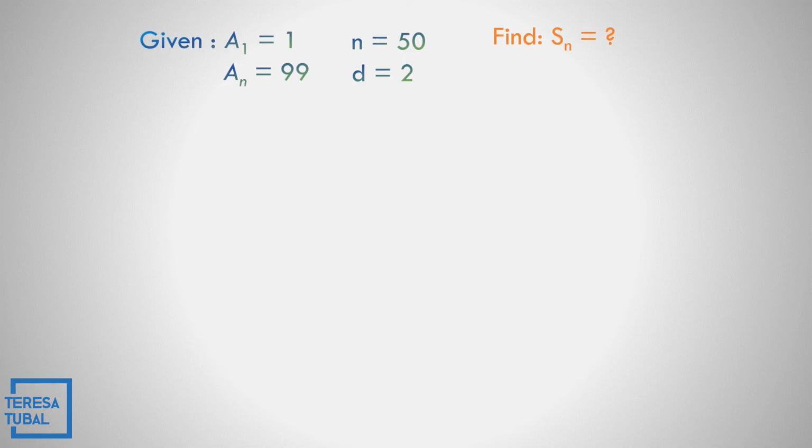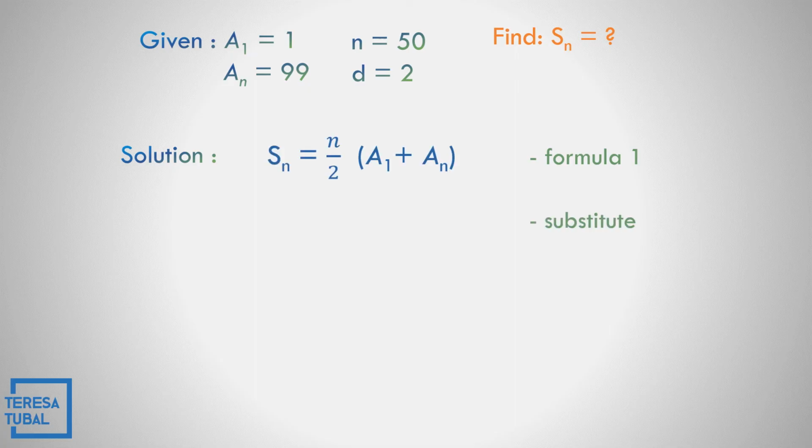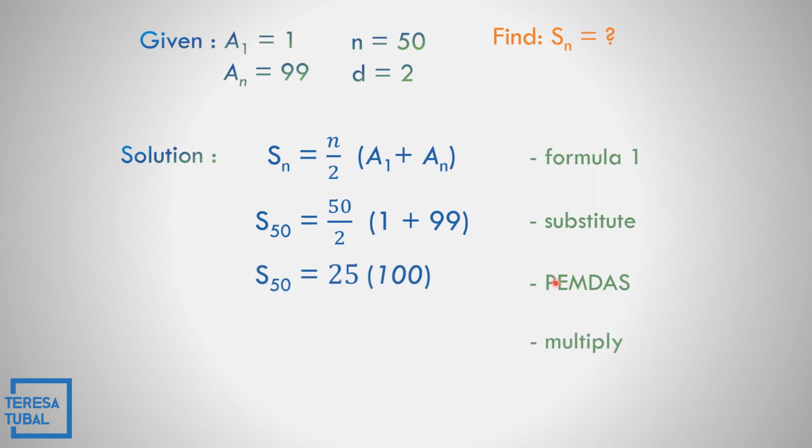What is the best method to solve this one? We have the last term, so the formula is S sub n is equal to n over 2 times the quantity a sub 1 plus a sub n. We replace the value of n by 50, so S sub 50 is equal to 50 divided by 2, times the first term 1 plus the last term 99. 1 plus 99 is equal to 100 using PEMDAS, and 50 divided by 2 is 25.